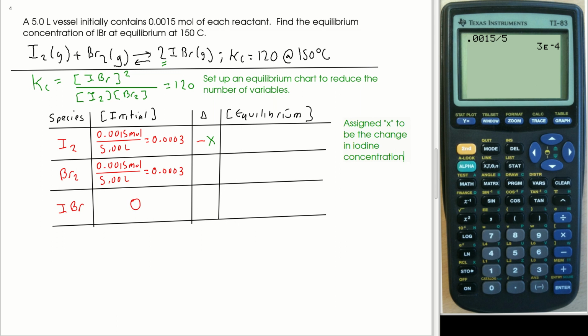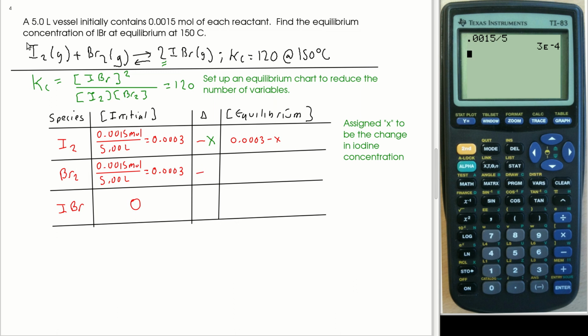So at equilibrium, our concentration of iodine is going to be 0.0003 minus X.